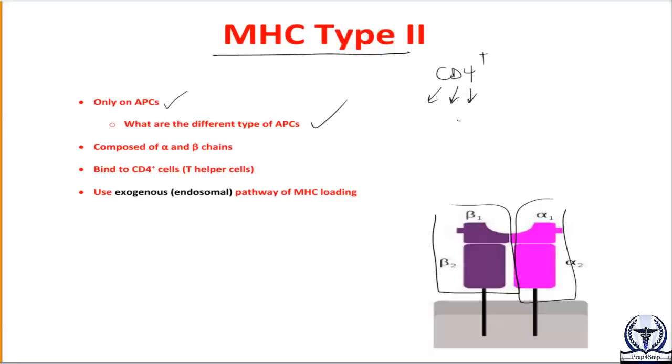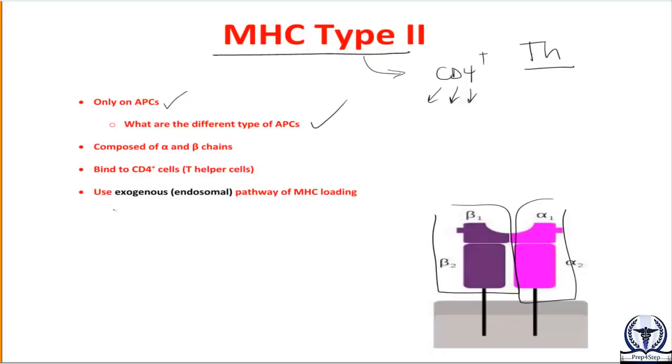This is a cell surface marker for T helper cells. It is also located on naive T cells, so T cells that have yet to be differentiated into either T helper cells or, for instance, cytotoxic T cells. So it could also bind to a naive T cell, but most reference books suggest that it binds to a T helper cell. So MHC type 2 binds to a CD4 or a T helper cell.